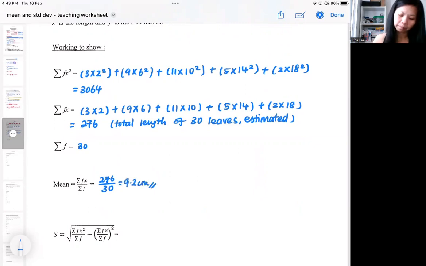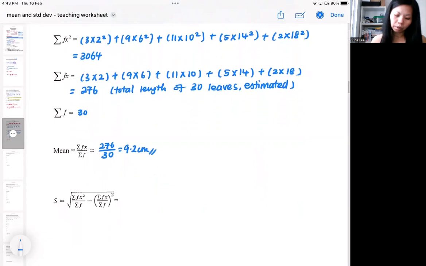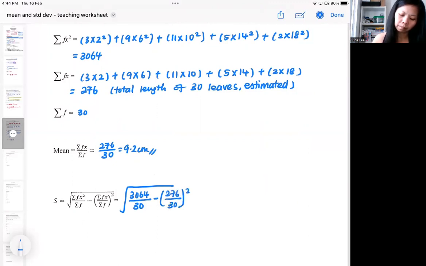Standard deviation, input your 3 items, 3064 over 30, 276 over 30 squared. So you just need to input and give your 3 SF answer.